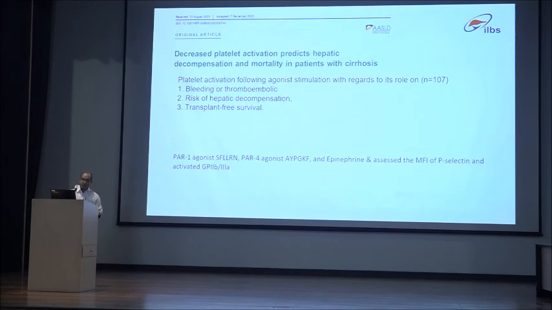The receptors we have discussed are PAR1 and PAR4. So they put agonists to these receptors, and subsequently when the platelet gets activated, it will express P-selectin and activated glycoprotein IIb. So they assessed two markers, P-selectin and glycoprotein IIb.